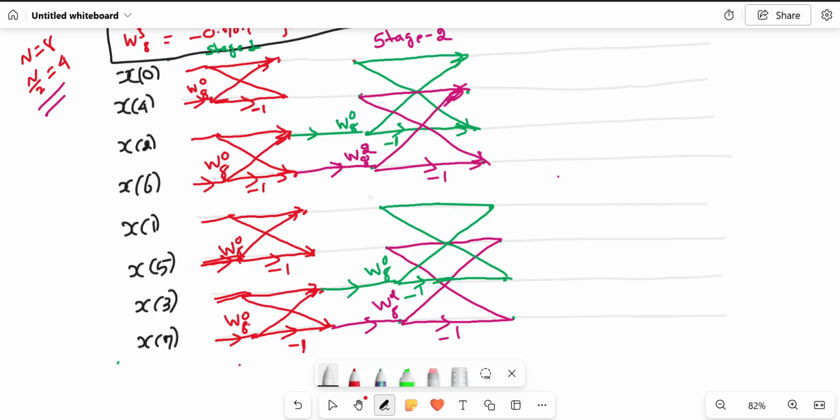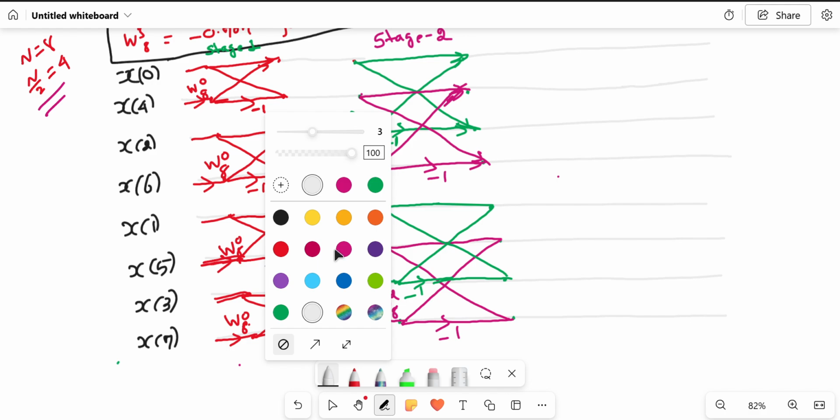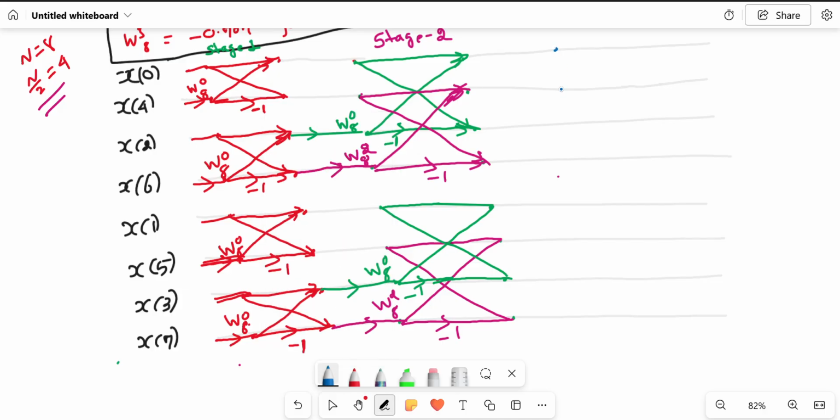Okay, third stage diagram we will take. For the third stage we will take blue color. This is the third stage, 8-point. Four points are combined and these are the 8 points. Just to draw neatly, you can take it like this.